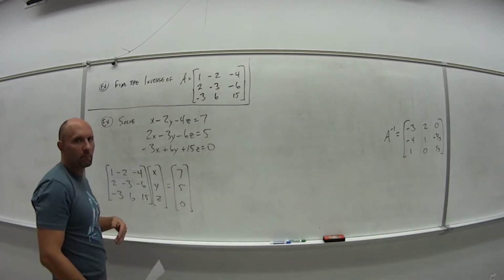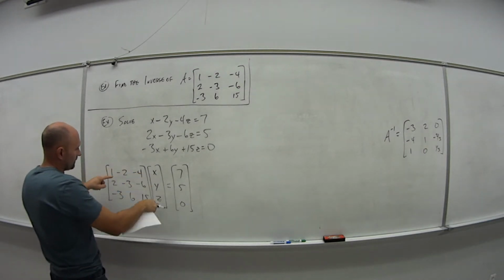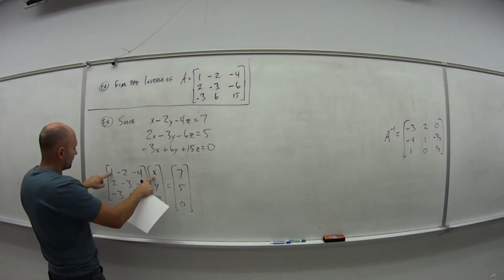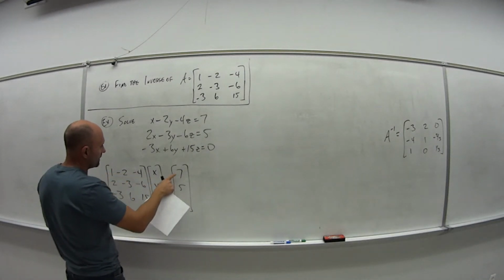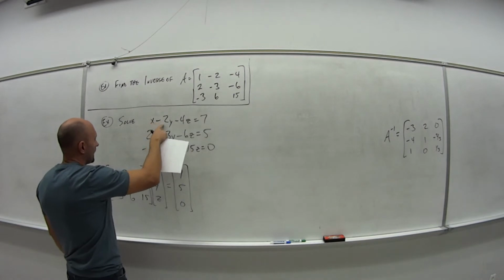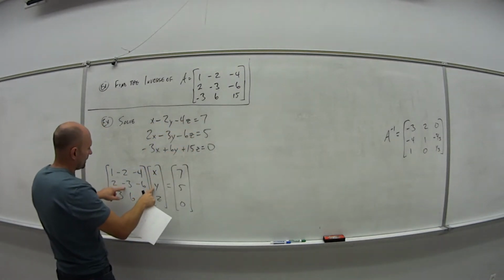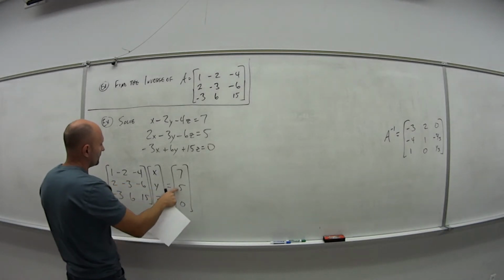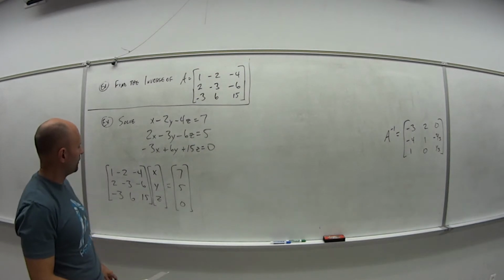Because remember, matrix multiplication says, if I do the row times the column, I get x minus 2y minus 4z equals 7. Then 2x minus 3y minus 6z is 5, and it works the same for the third.